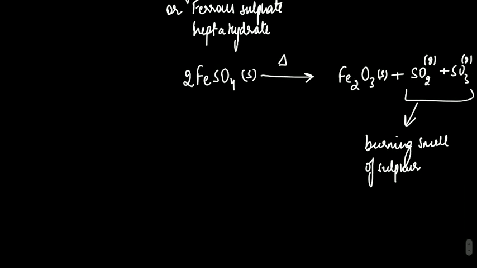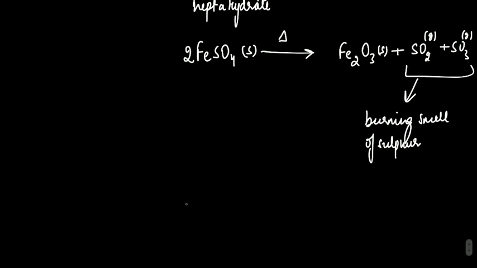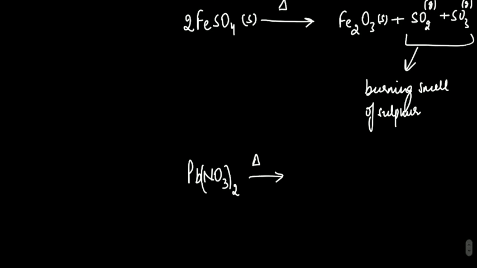Then another example that we can take over here is lead nitrate, Pb(NO3)2. Lead over here with the charge 2, nitrate. This is very much white in color. This is a white color salt.